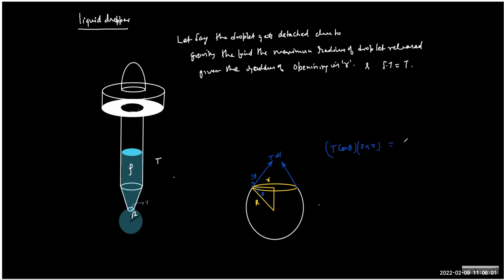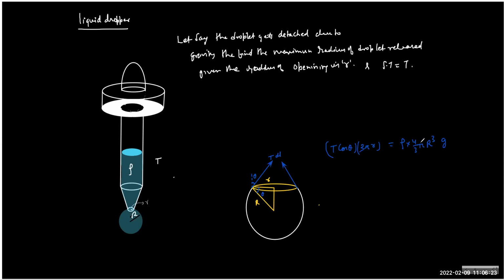And this must equal the weight of the liquid, which we take as almost spherical. So rho into 4 by 3 pi r cubed, because we are assuming this is almost spherical, into g. So 2 pi will cancel out.